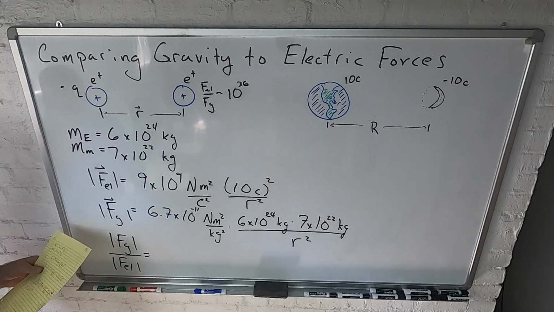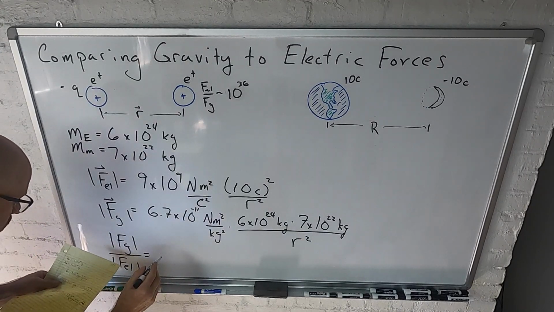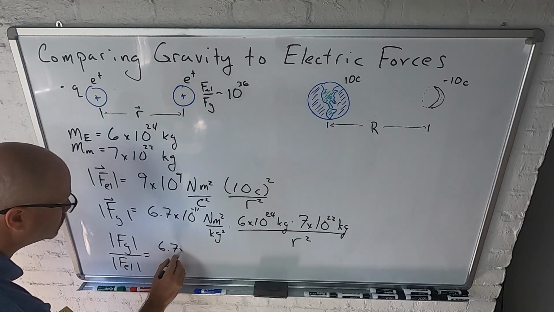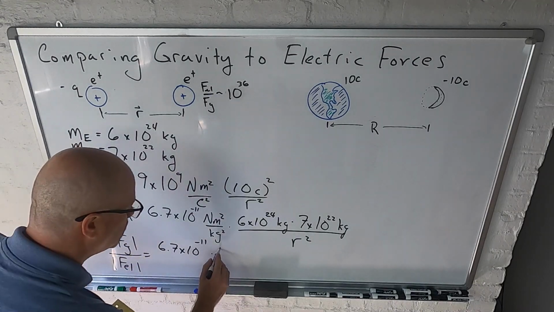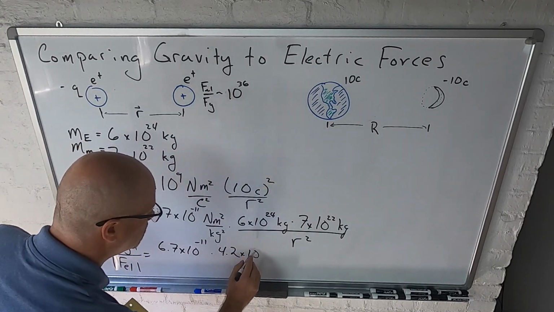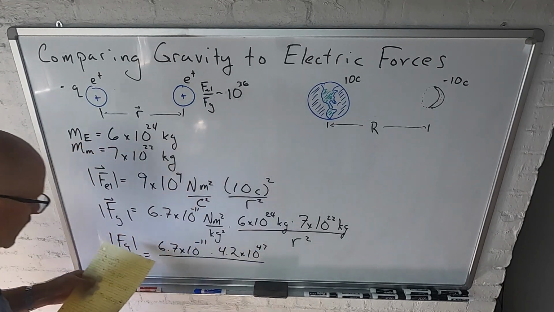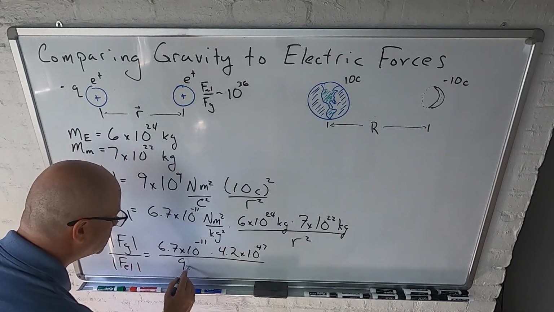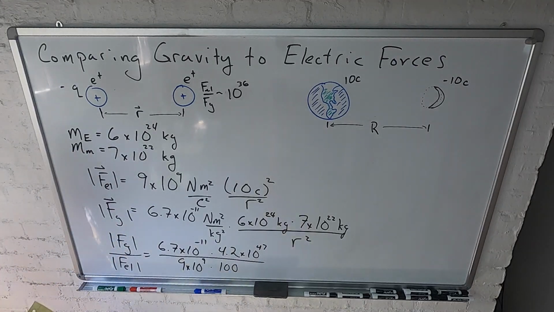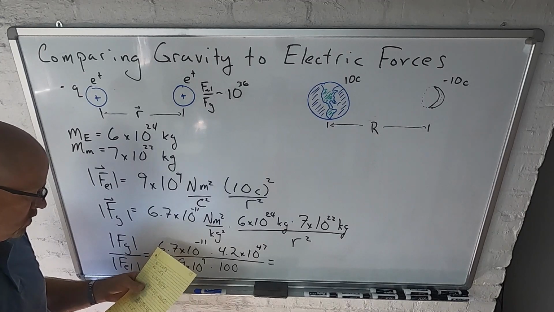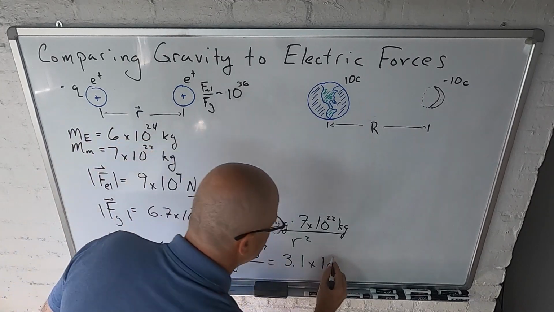Well, that's going to be equal to 6.7 times 10 to the minus 11 times 4.2 times 10 to the 47 divided by 9 times 10 to the 9 times 100. And that is equal to 3.1 times 10 to the 25.